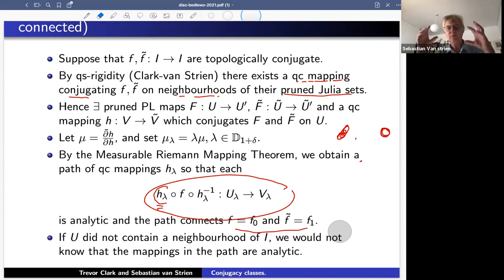If I prune the Julia set for this quadratic map, I would end up with a homeomorphic object for both the quadratic map F and the real analytic map. And it turns out they're even quasi-conformally the same. That's really the point: I want a structure that even survives if you don't have this global domain.